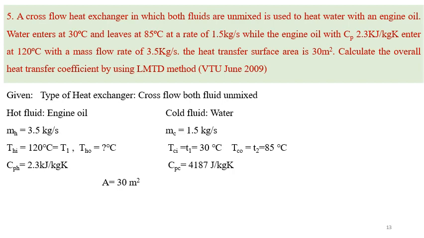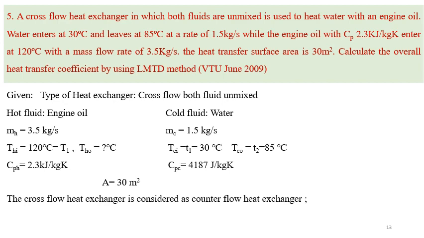Okay, so first what we have to do, the cross flow heat exchanger is considered as counter flow heat exchanger, that you should remember. So we know for the cross flow heat exchanger, in the data handbook, you can get the relation Q is equal to F into U into A into LMTD star. LMTD star means counter flow heat exchanger LMTD.